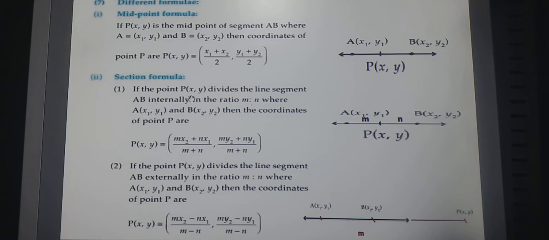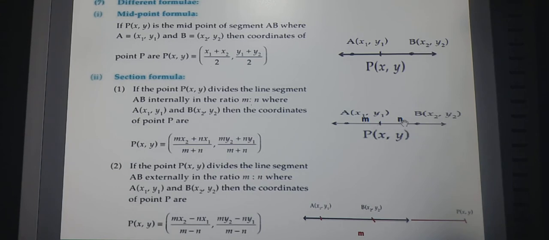So we first see internal division. If the point P of (x, y) divides the line segment AB internally in the ratio m is to n, where A is (x1, y1) and B is (x2, y2), then the coordinates of point P are as follows. Now see here how to write the x coordinate.